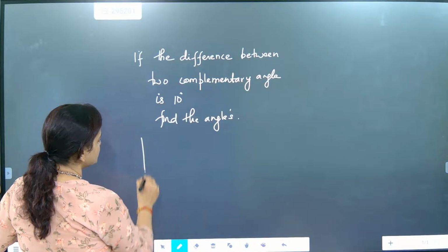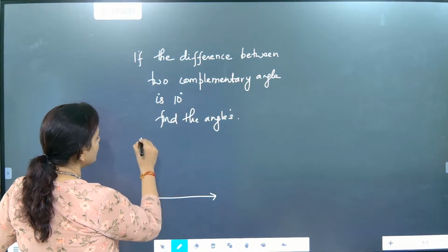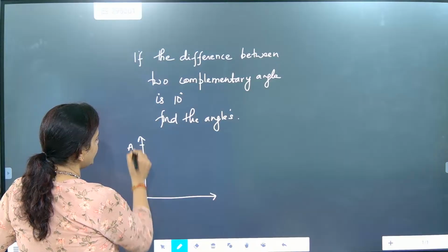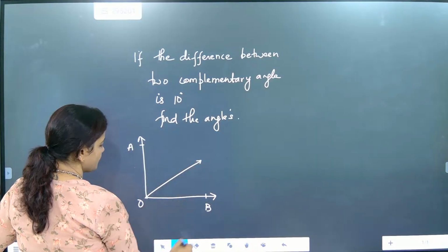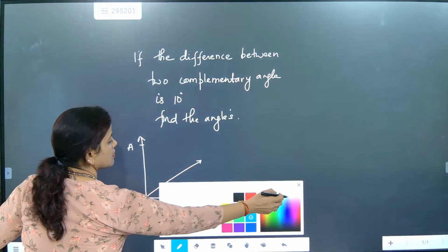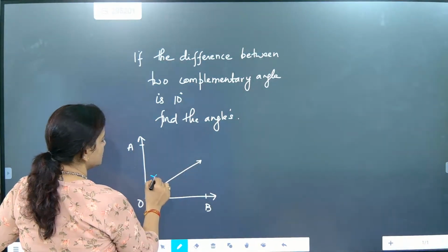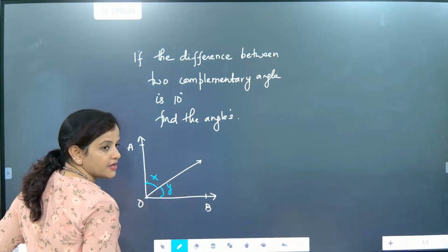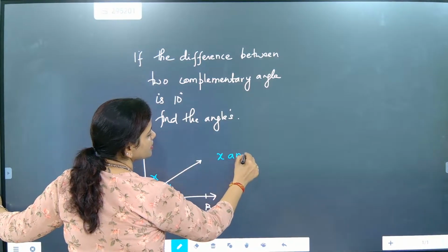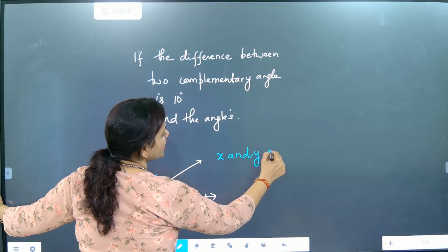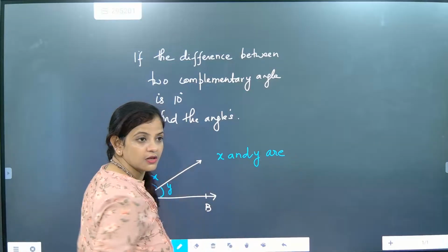Now look at beta. This is exactly what we are going to do. This is A, O, B. Now this ray we are drawing. This is X and this is Y. Understood? Now beta, the sum of these two, X and Y, are complementary angles.